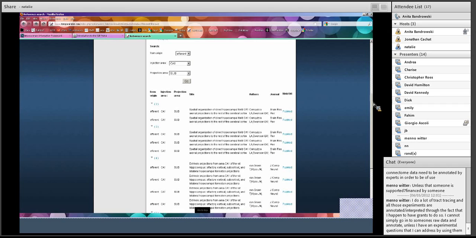Giorgio? Yeah, my question was much simpler than that. Temporallobe.com did an outstanding and commendable job at taking a lot of papers out there, annotating them, and making the resulting knowledge available in digital form. So this is truly a knowledge base.